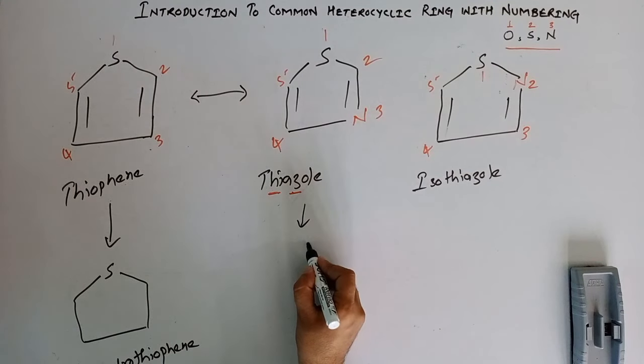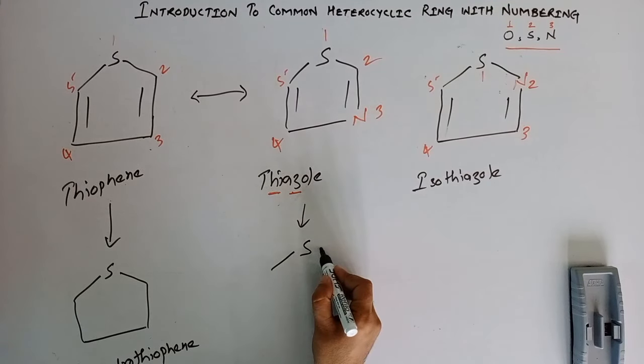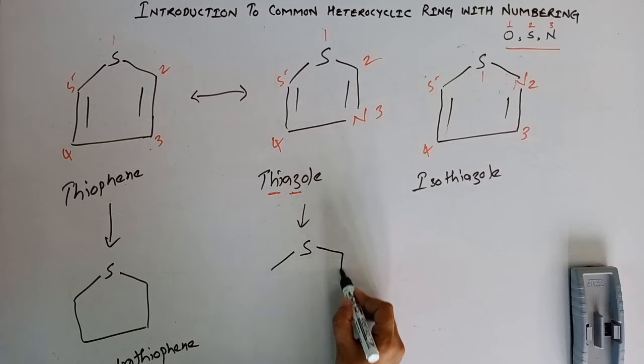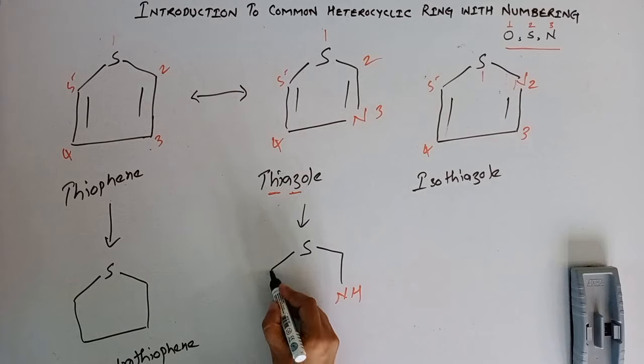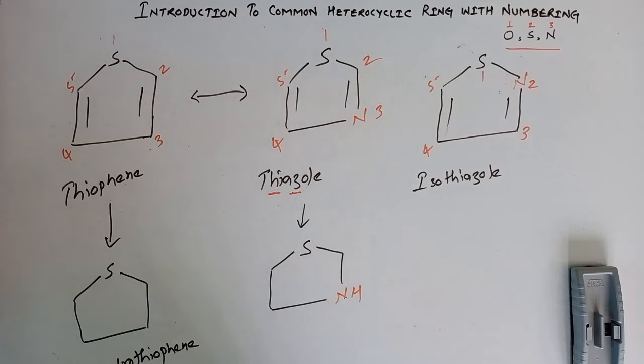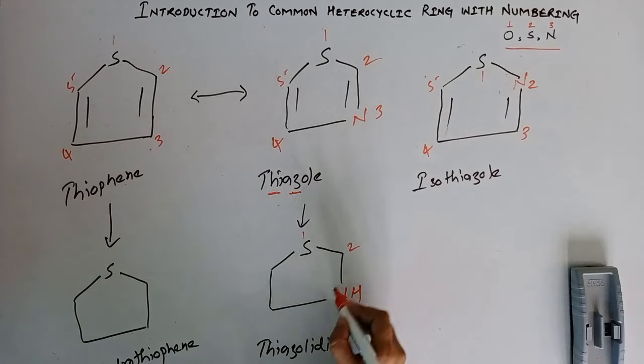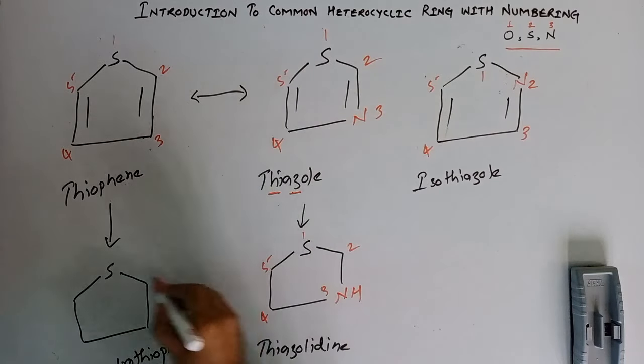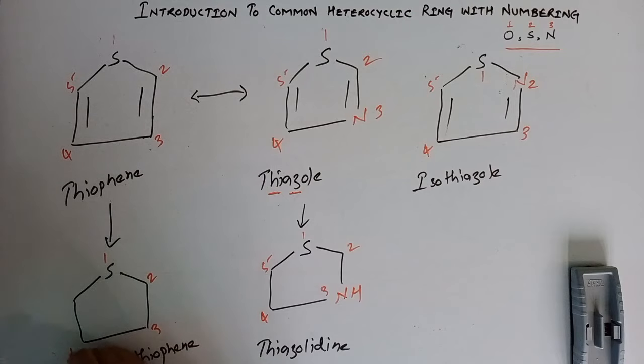Now the saturated structure of thiazole is like this. This is known by the name thiazolidine, and the numbering begins with sulfur: 1, 2, 3, 4 and 5.